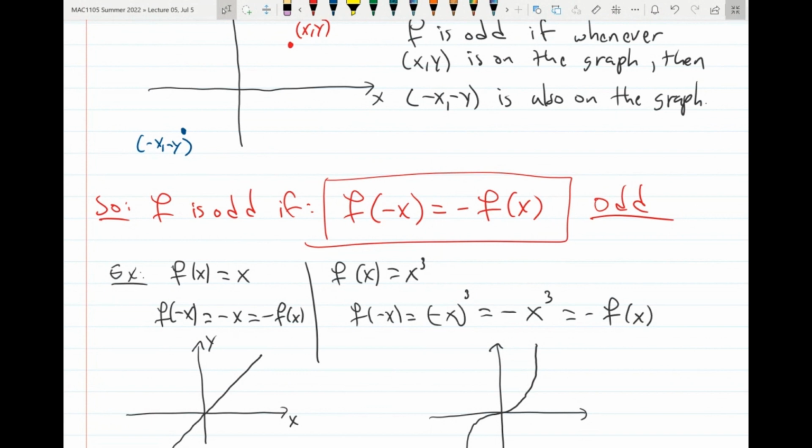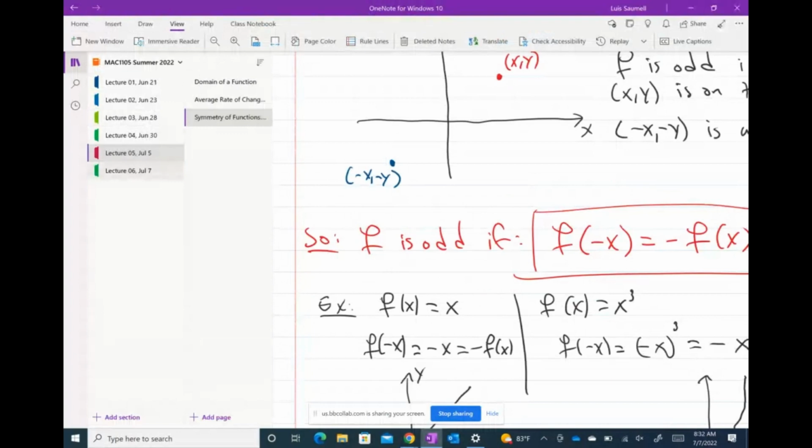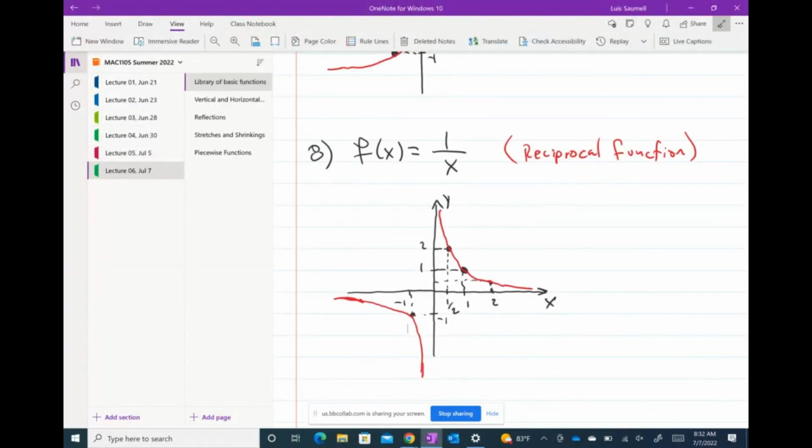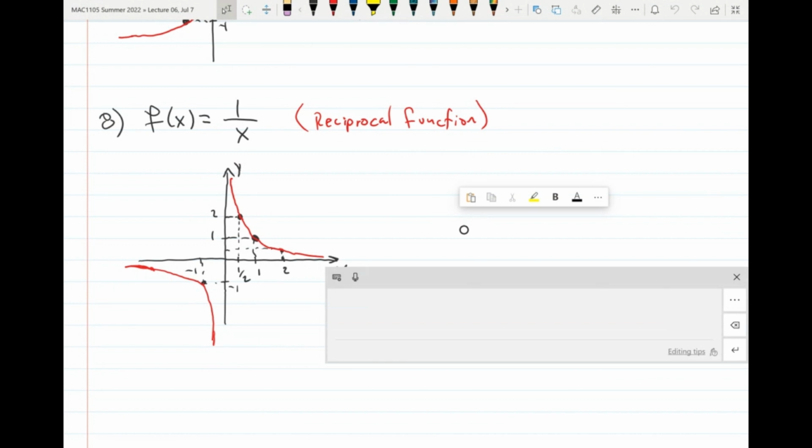And for example, in our case, right now we're talking about the function 1 over x. If I plug in negative x here, you're going to have 1 over negative x, and then the negative you can put in front of the fraction, because as I said last time, you can put the negative wherever you want: in the bottom, the top, or in front. Okay? So that's minus the function. So symmetry helps you to quickly graph something.